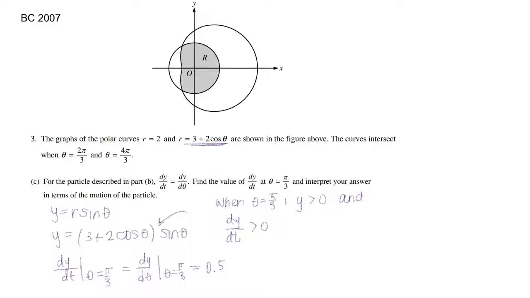So here y is positive, our rate of change is positive, so I think it's safe to say that the particle is moving away from, and this is our vertical movement, the x-axis.